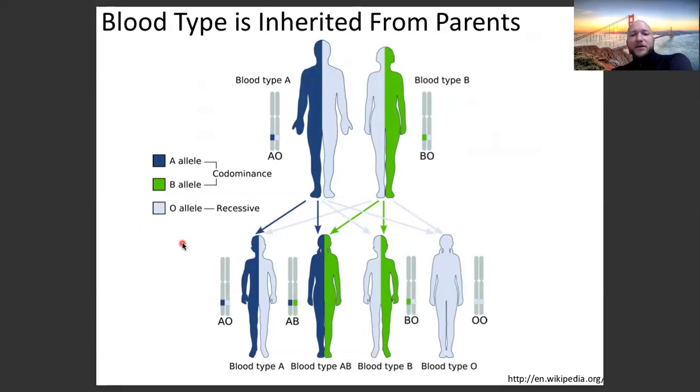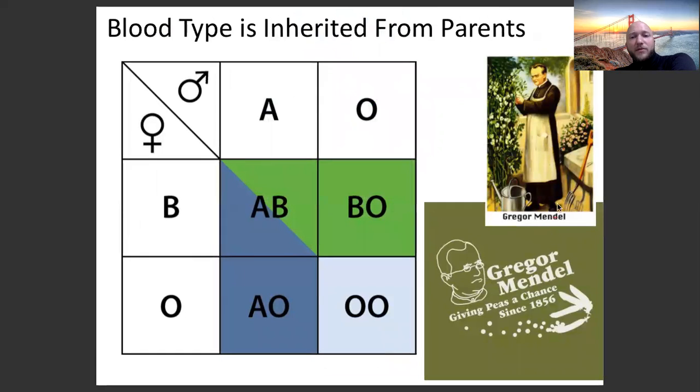So blood type is inherited from your parents. Right here we have an AO genotype father and a BO genotype mother. Dad is going to give 1 copy to each child. Mom is going to give 1 copy to each child. And you can see the possible outcomes. We could have an AO child, an AB child, a BO child, or an OO child. You've probably heard of Gregor Mendel back in Intro to Biology, and we talked about Punnett squares.